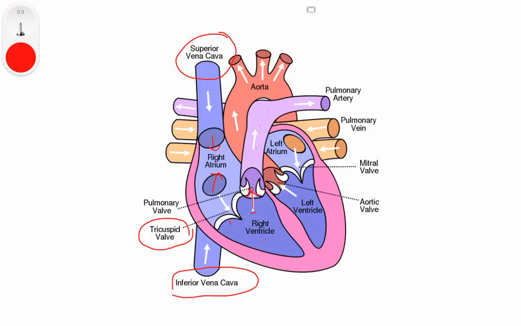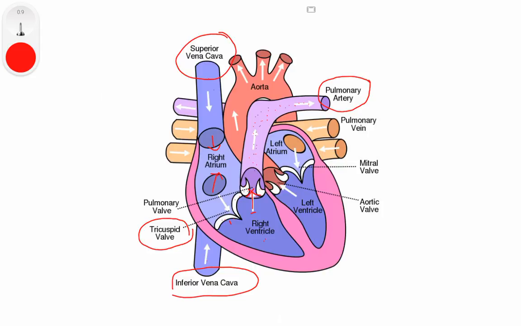The blood from the right ventricle is deoxygenated. Note, the pulmonary artery is one of the only places in the body where an artery carries deoxygenated blood, blood that doesn't contain oxygen.